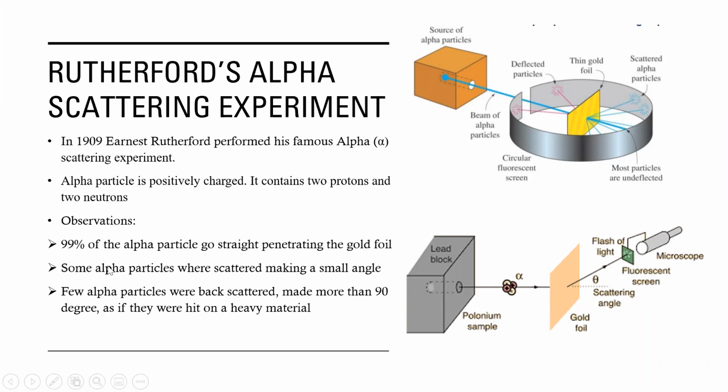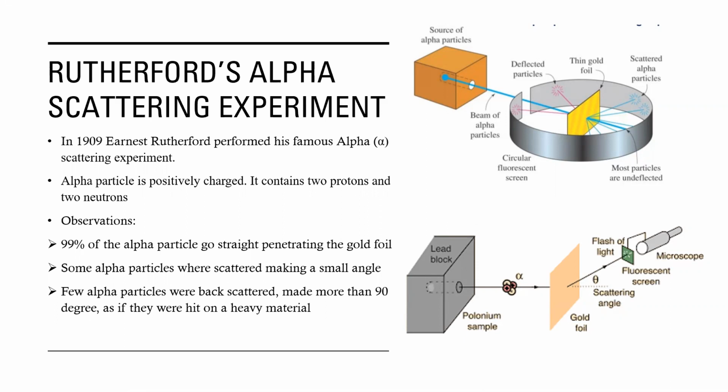And very few alpha particles were backscattered. Backscattered means deflected with more than 90 degrees. So if these alpha particles were deflected through 90 degrees, they should come like this. But some of them got backscattered, came back as if they were hit by a heavy particle.